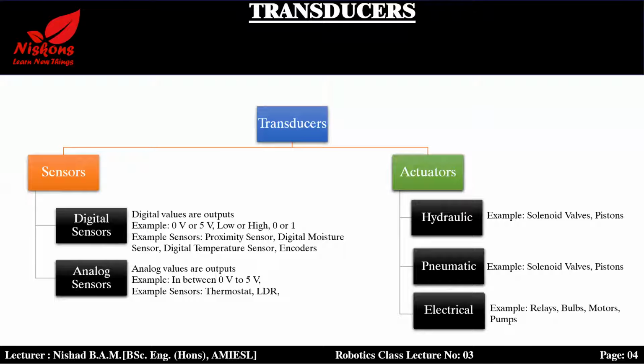Our nose is sensing the smell. Then our nose transfers it as an electrical signal and sends it to our brain, and the brain reacts, deciding whether it is a good smell or a bad smell.